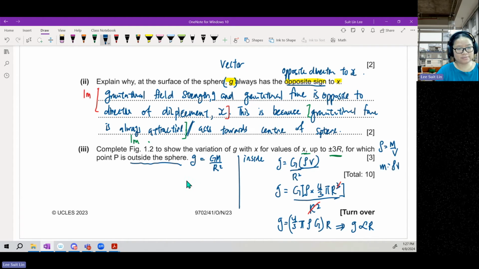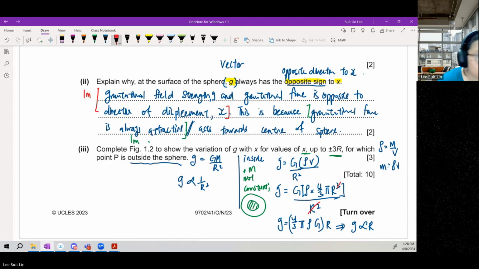However, for this one, because G and M are constant, same mass, same G, g is proportional to 1 over r squared. Of note here, inside, M is not constant, because when you are inside, the amount of mass that attracts you becomes less. Let's say the object is here.